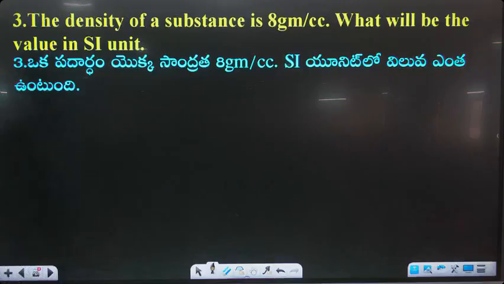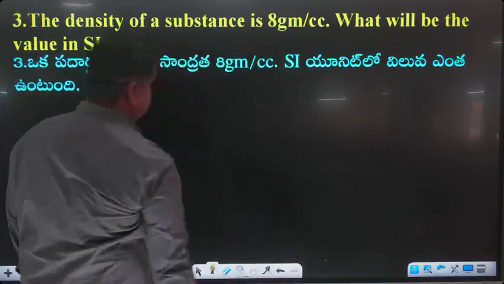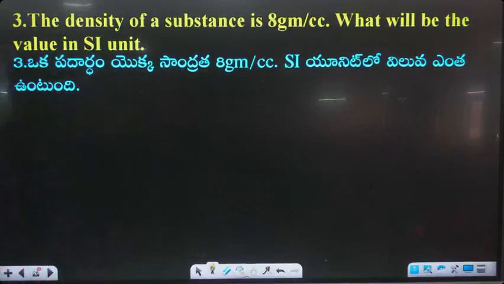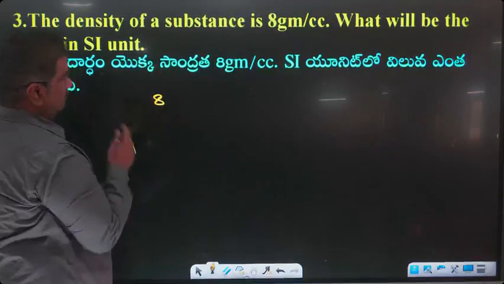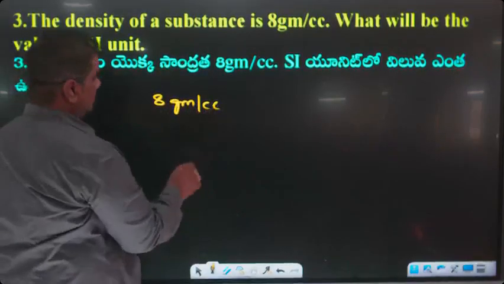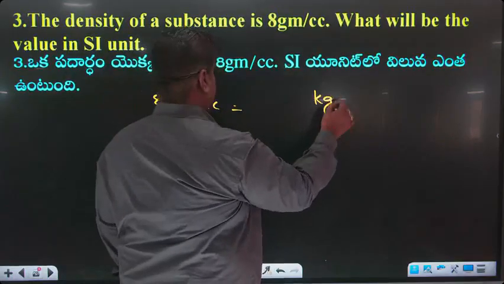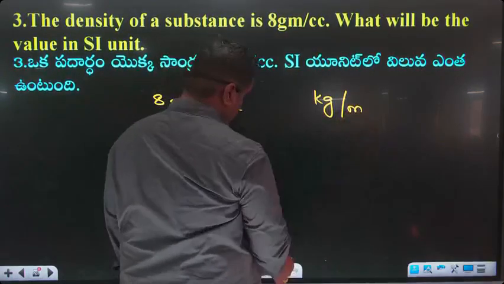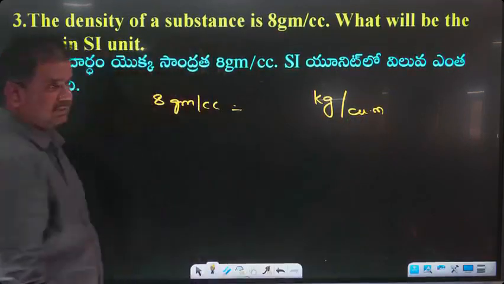You need to convert this 8 gram per cc into the SI system. In the SI system, grams are written as kg, and cubic centimeters are written as cubic meters.